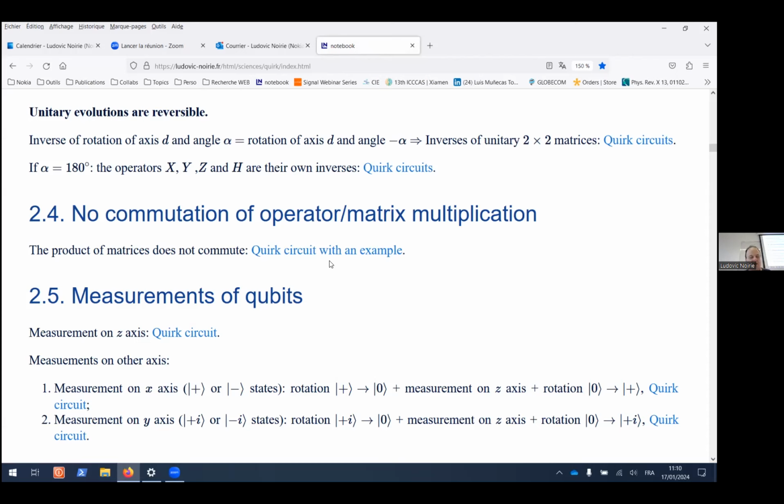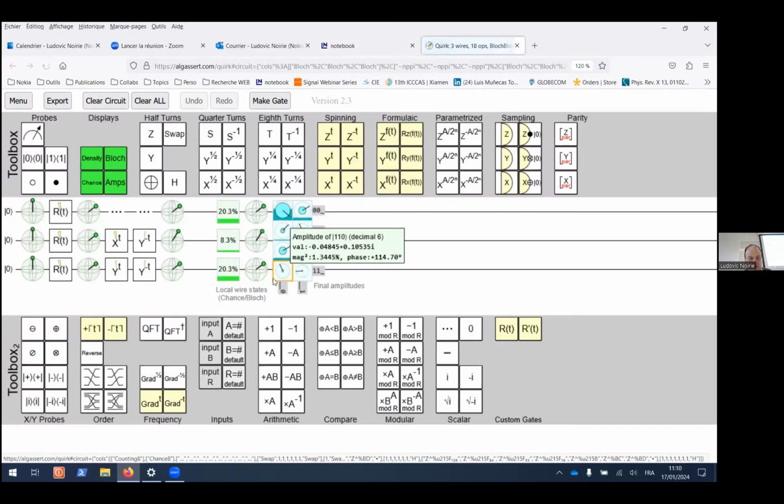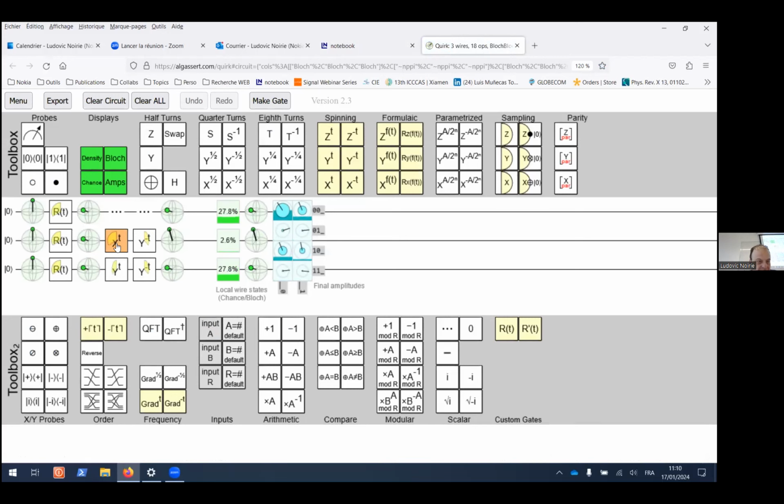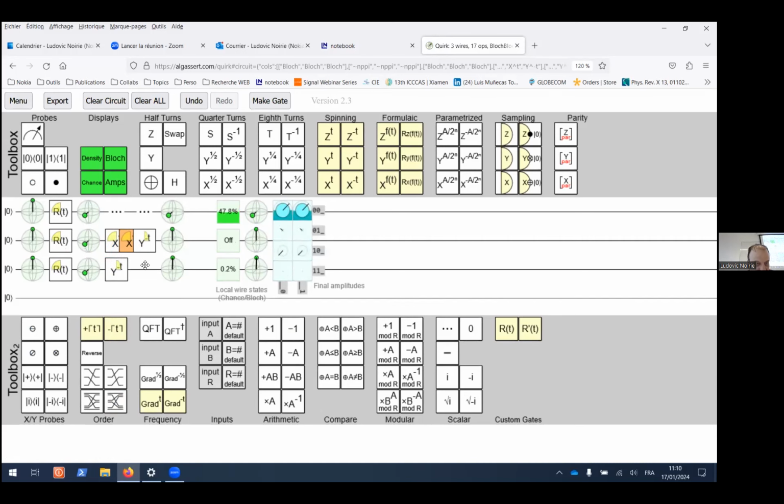We may apply different matrices, different operators on the qubits, but the order is important. There is no commutation, and this is just an example. Here I apply x to the power t and y to the power minus t, and here in the inverse order. No, it's not what I wanted to do. Sorry, I will have to change this.